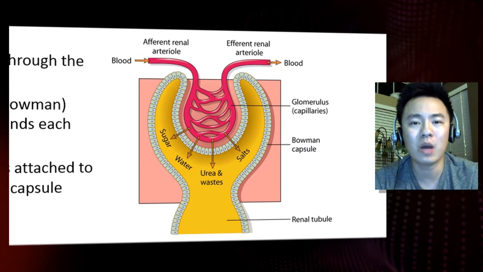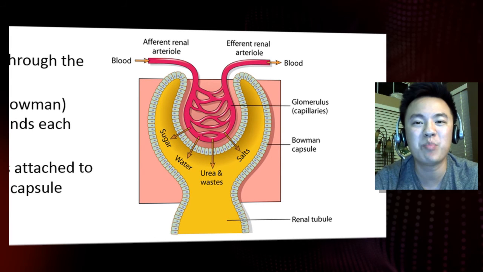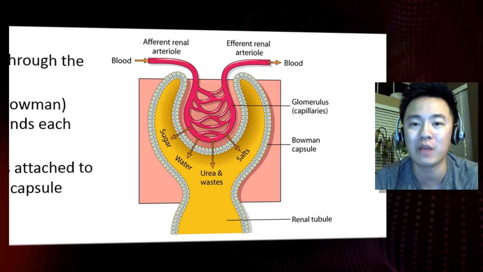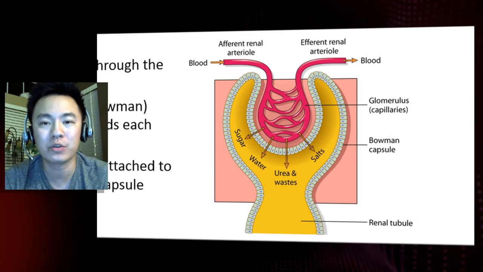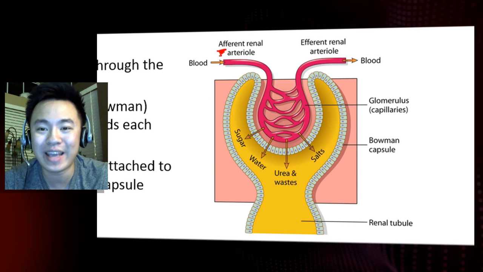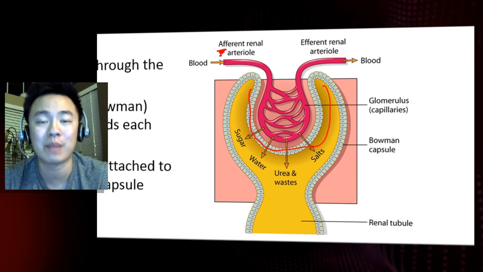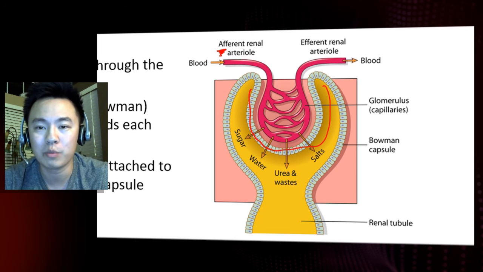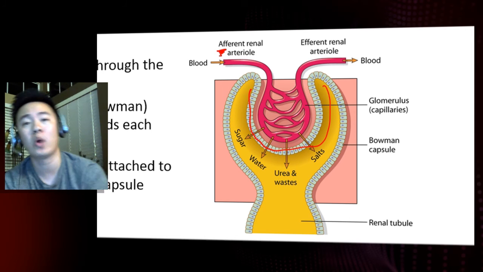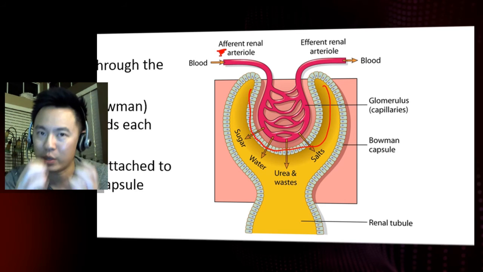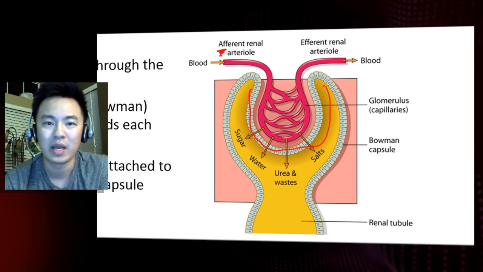All right, so now here's the glomerulus and glomerular capsule, also known as the Bowman's capsule. As you can see here, the blood is traveling through the afferent renal arteriole, AFF, afferent renal arteriole. Then the blood enters into this capsule region right over here, known as the Bowman's capsule. As you can see, the capillaries branch out into more little mini vessels, because you want the Bowman's capsule to have the most surface area to extract that nitrogenous waste.